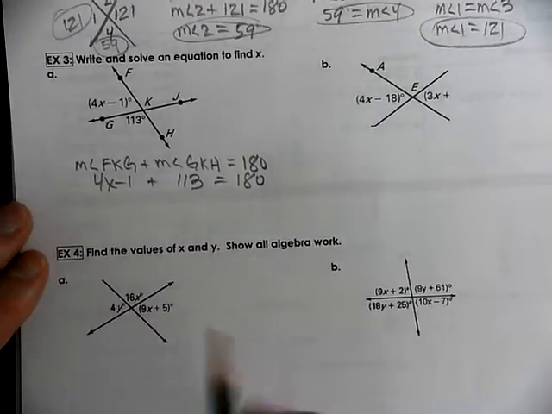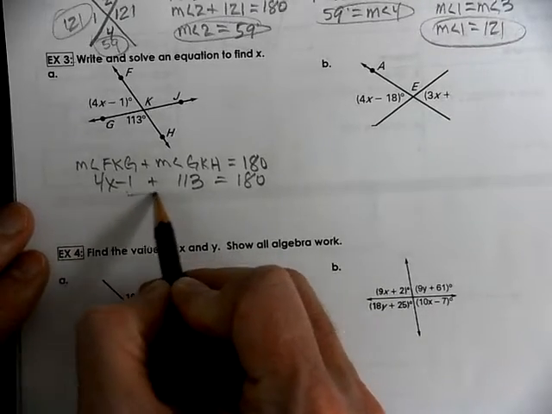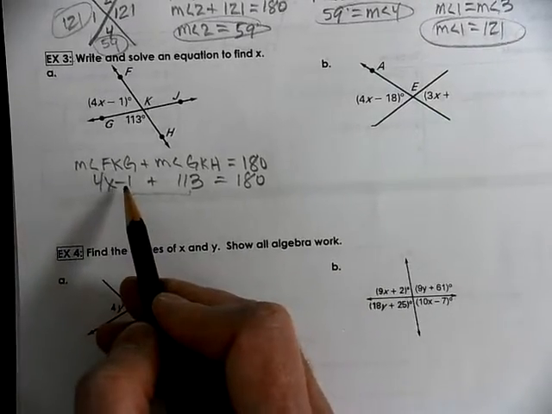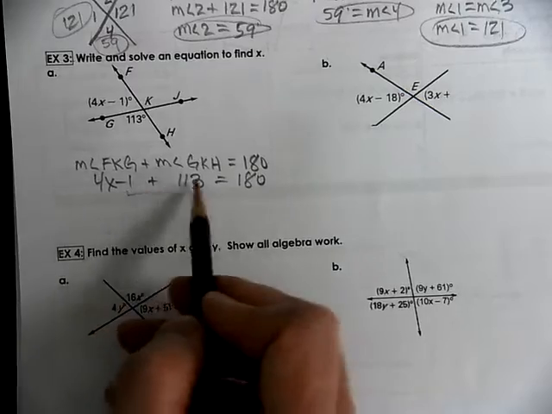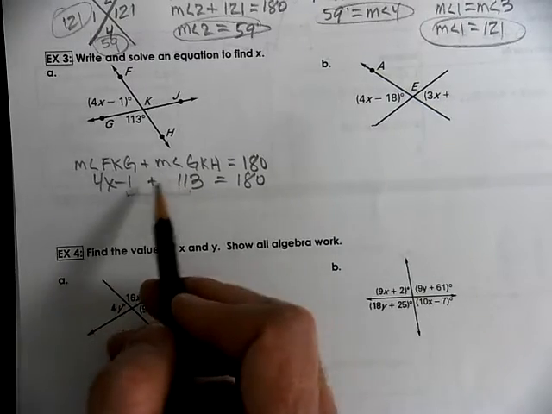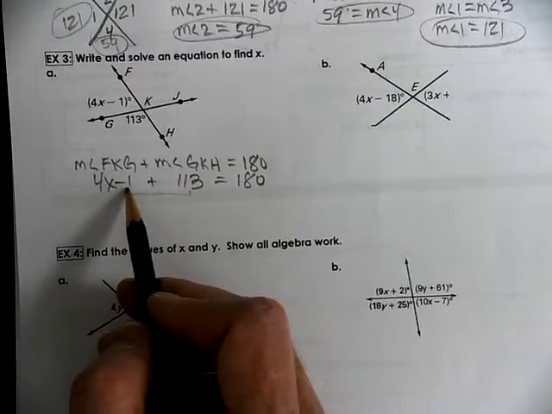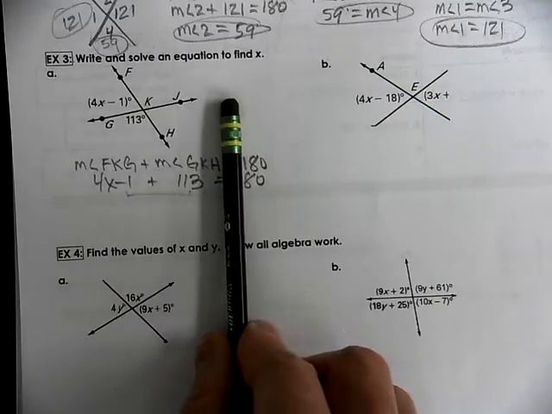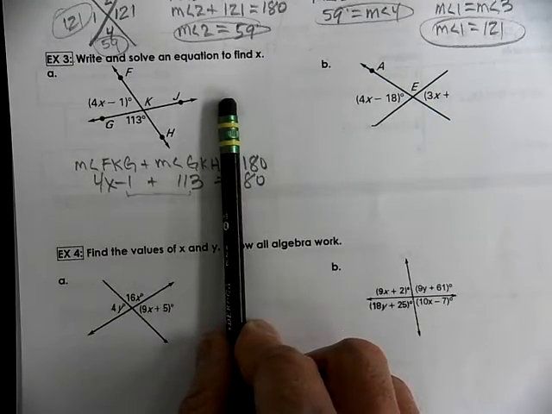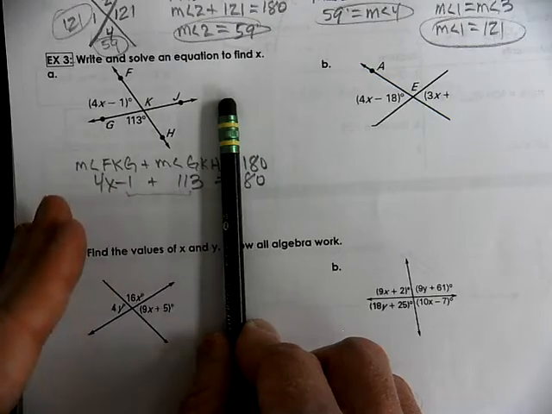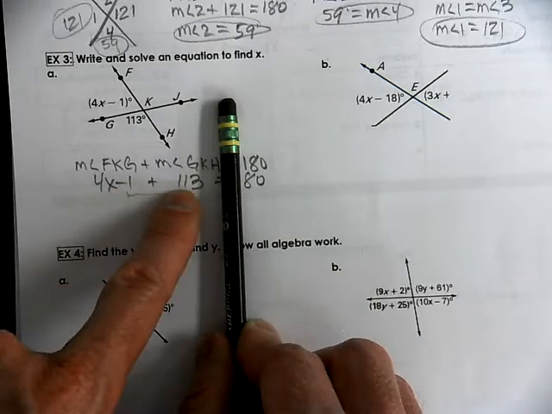I'm going to group our like terms together. Notice here that we are not adding 1 to the 113. We're not doing the opposite sign. Because they're on the same side of the equal sign, they're all on the left-hand side, we're just going to do exactly what it says.